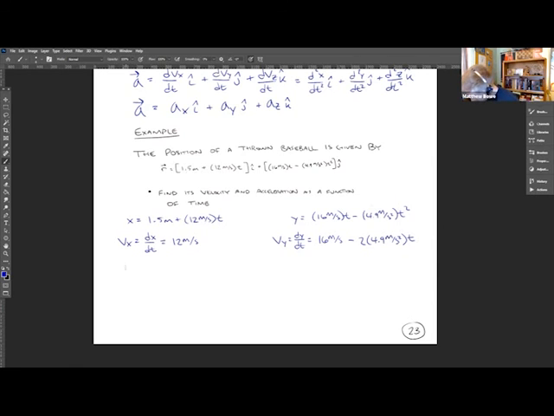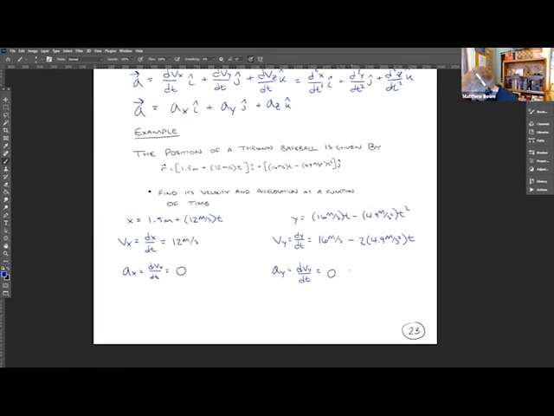All right. Next bit, acceleration for the x term. Well, that's just the derivative of the velocity in terms of x. Acceleration in the y term is dvy/dt equals, so there's no t in this term.